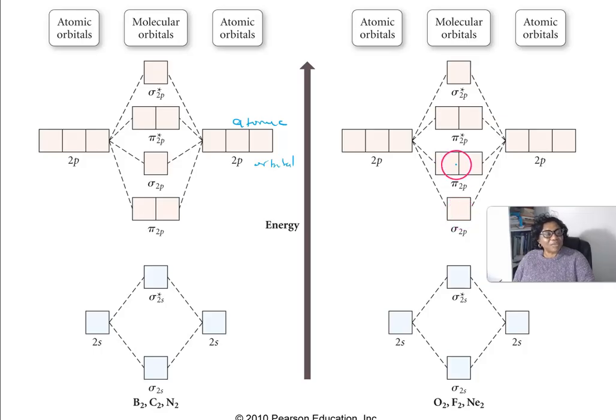Then they fill the pi bonding orbital. Then they fill the pi anti-bonding orbital before they fill the sigma antibonding p orbital. So make sure you look at the difference. This is for boron, carbon, and nitrogen, but this is for oxygen, fluorine, and neon.